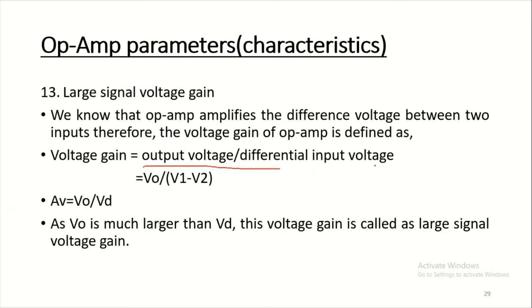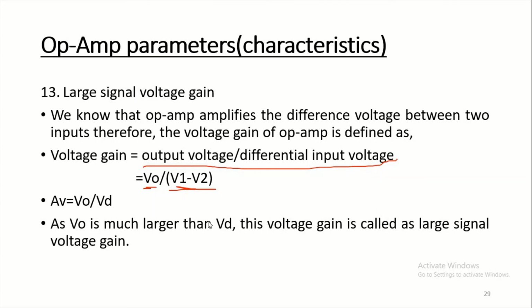Output voltage is VO and differential input voltage is V1 minus V2, and V1 minus V2 is VD. So voltage gain AV can be given as VO divided by VD. As VO is much larger than VD, this voltage gain is called the large signal voltage gain.